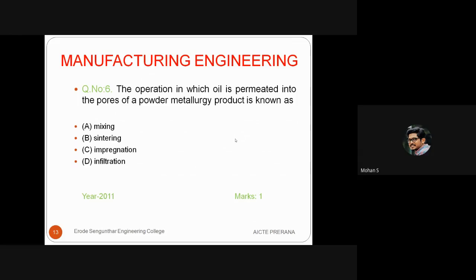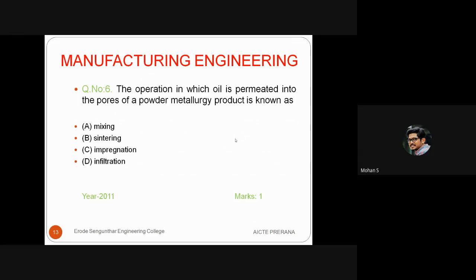You have studied stir casting and all. In powder metallurgy, we use metal in the form of powder, and in addition we add some binders along with it. It is more or less similar to that method.